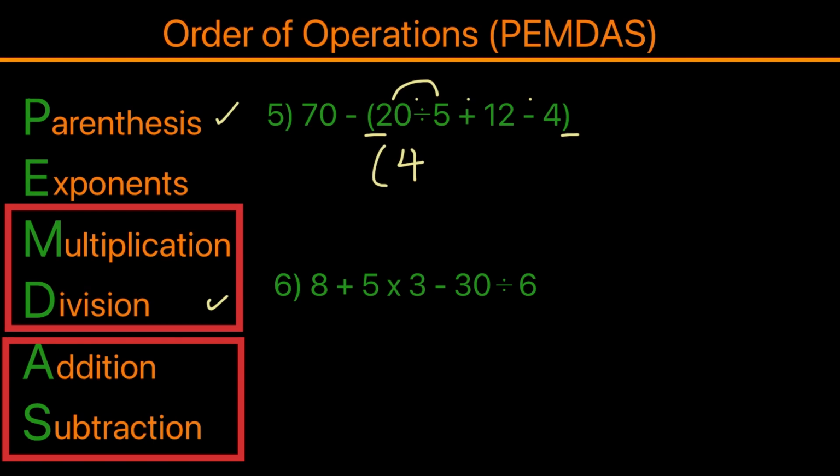Okay, and then the next, addition and subtraction, both are in the same group. So we will do them in order. So 4 plus 12 minus 4.